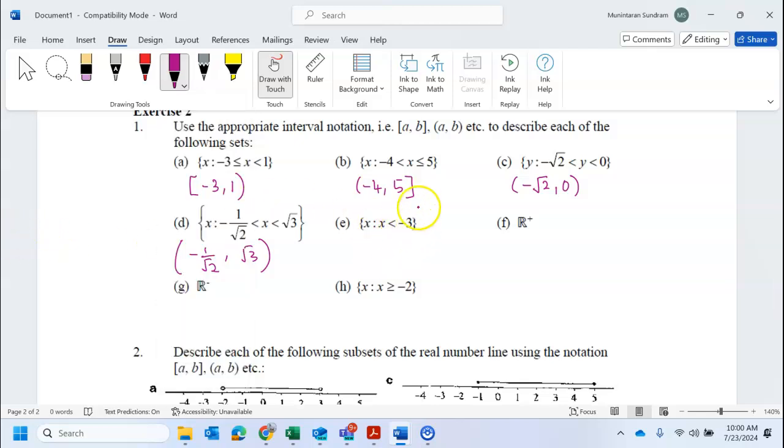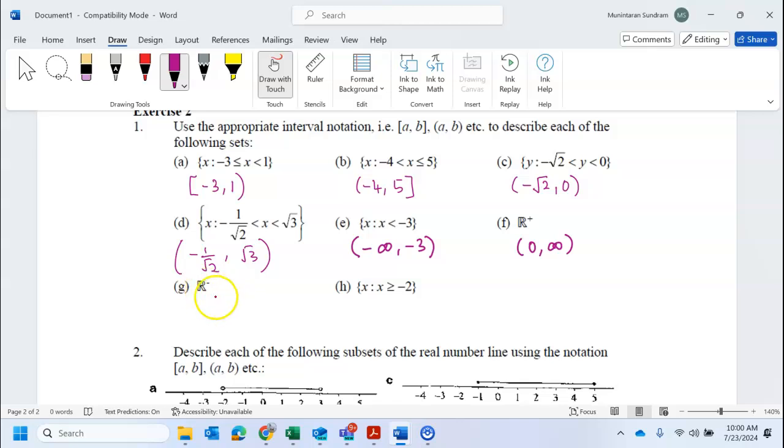And here is less than negative 3. Less means on the left side, so the left end is negative infinity, comma negative 3, or positive means 0 or more, not inclusive, so 0 comma infinity.